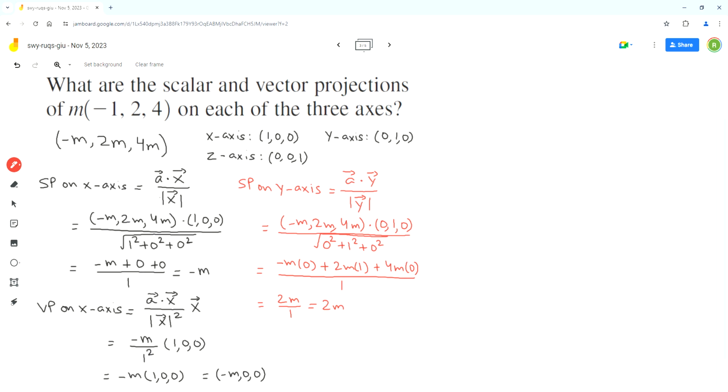So I got 2m for scalar projection on y-axis. Now we can calculate the vector projection. So for the dot product in the numerator, we got 2m. The magnitude of y is 1.